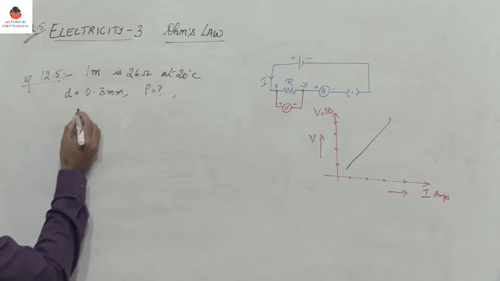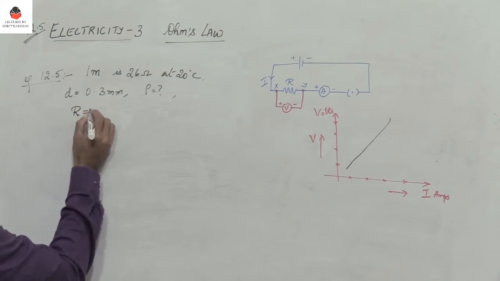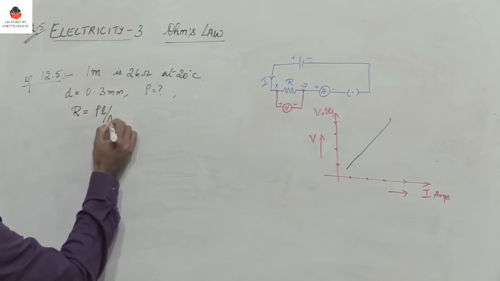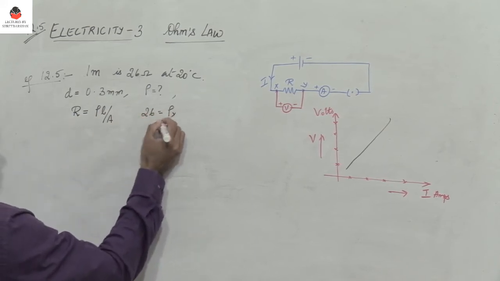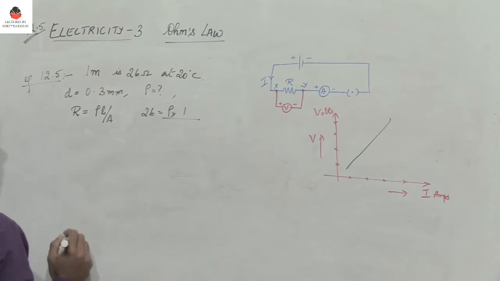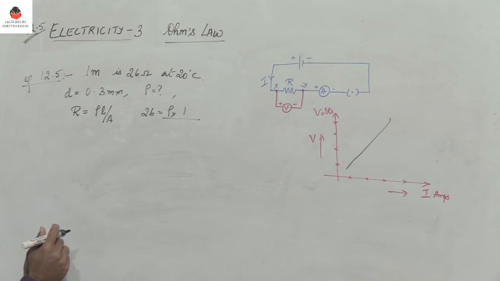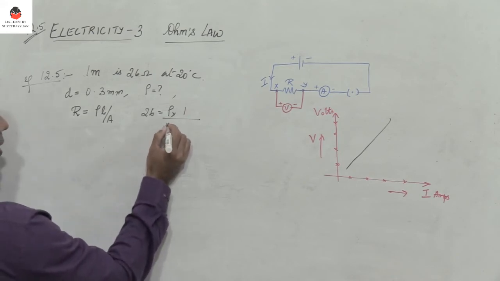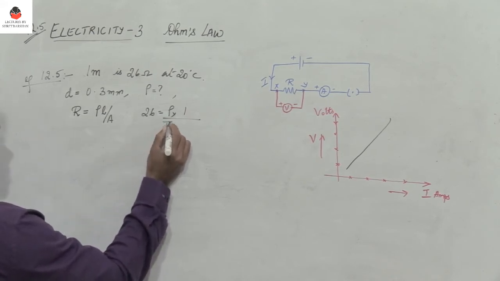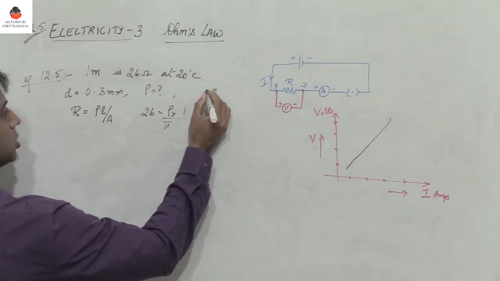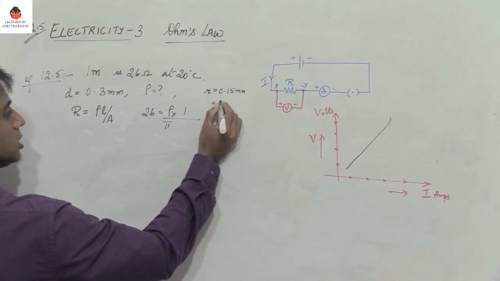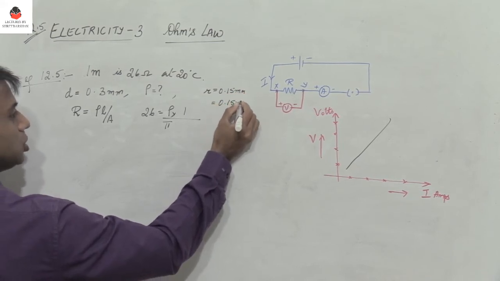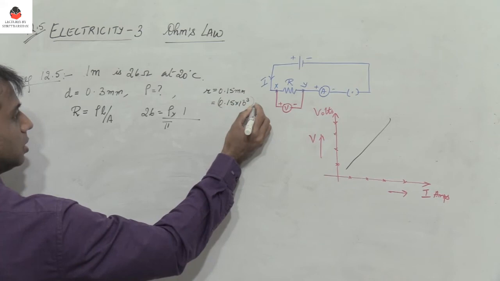So we know that the resistance R is nothing but rho L by A. So what is R? R is 26 equals rho into L, which is 1, divided by the area of cross section. So it is nothing but pi r square, isn't it? So pi into r, where r is d by 2, so 0.15 millimeter, or it is nothing but 0.15 into 10 power minus 3 meters.